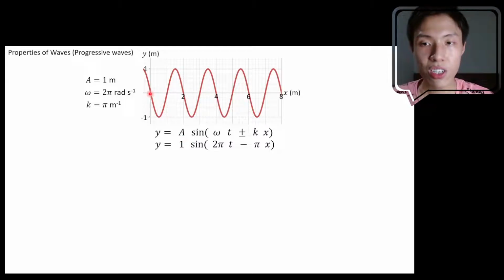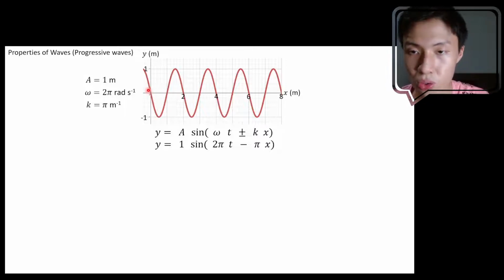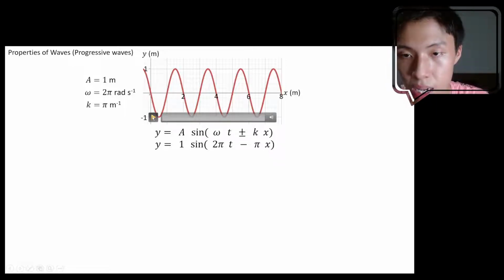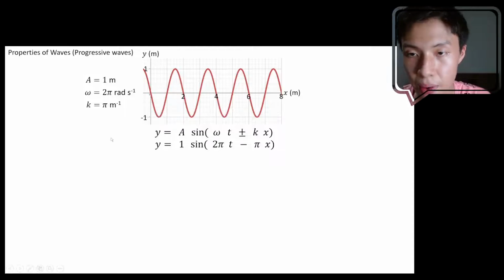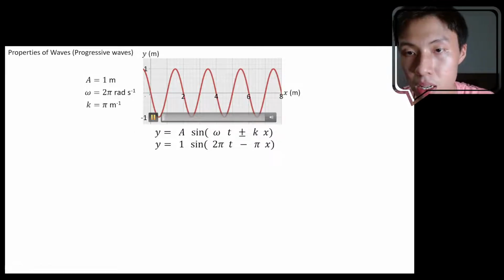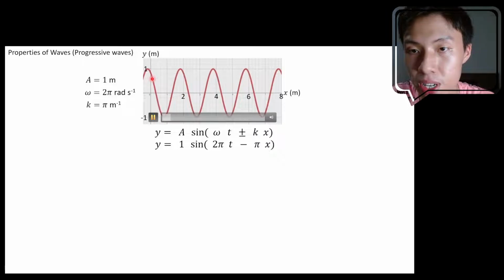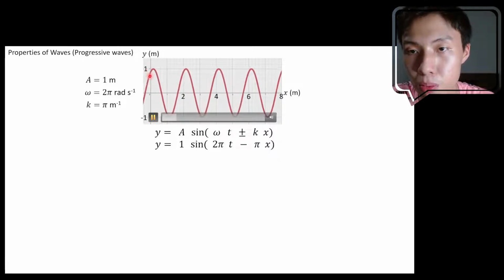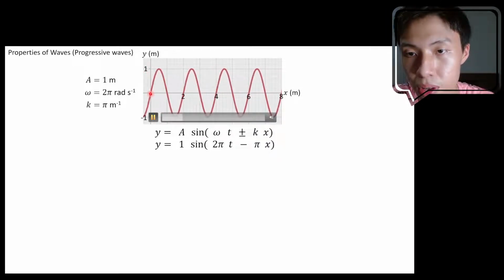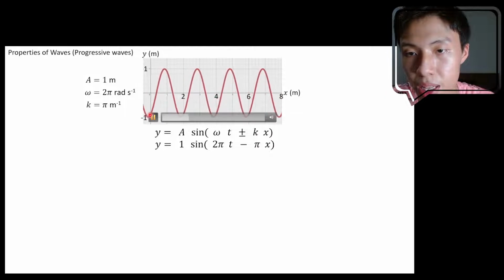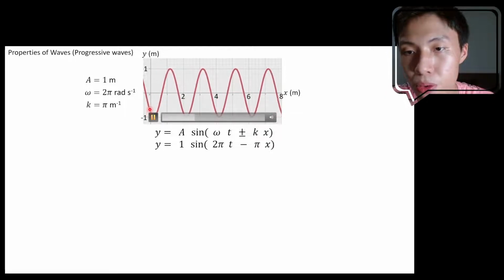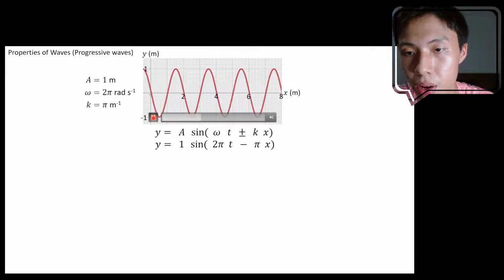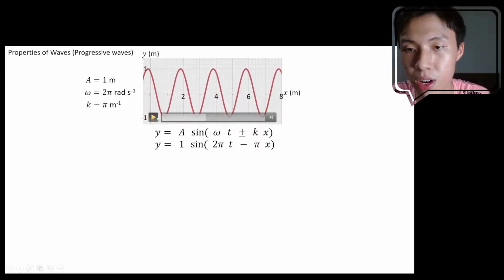Okay, so let's start the animation again, and let's observe whether the particle at the origin here moves up or moves down. Look at the origin here. So it moves up, then it moves down, then it moves up.